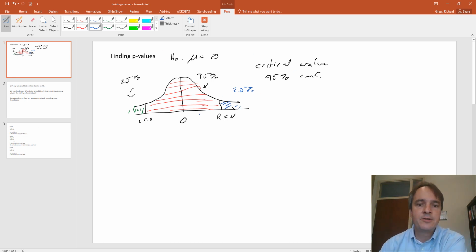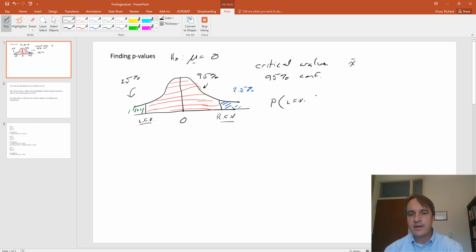So under the critical value method, we're coming up with a left critical value and a right critical value such that the probability that the test statistic, let's just call it X bar, so we're taking a sample mean here, the probability that the sample mean falls between the left critical value and the right critical value is equal to 95%.